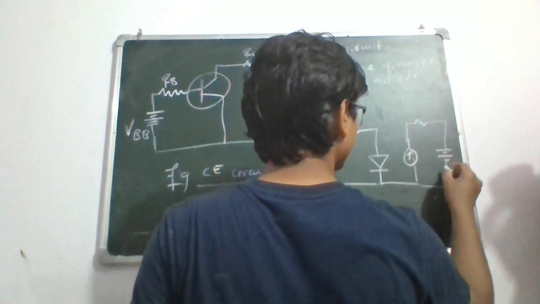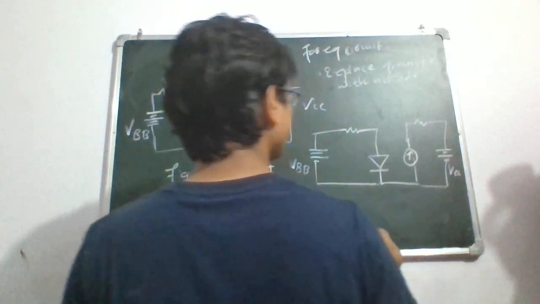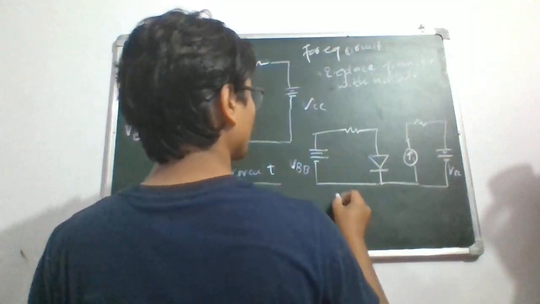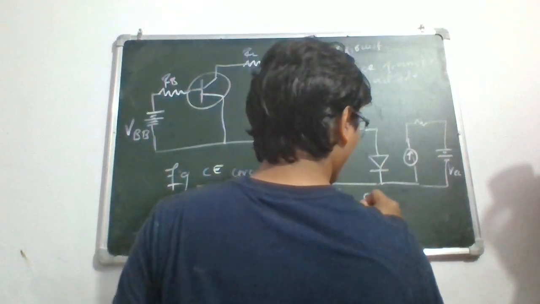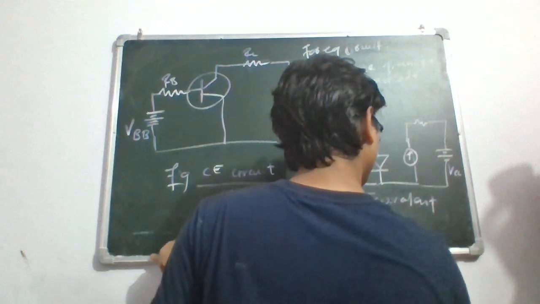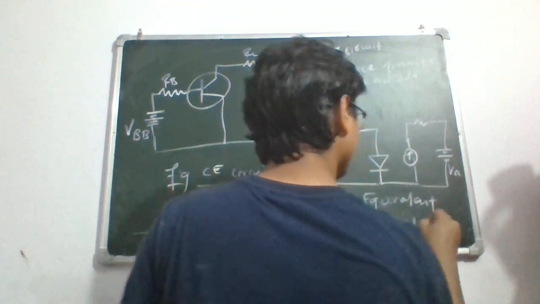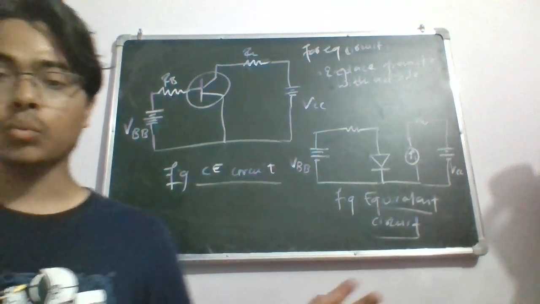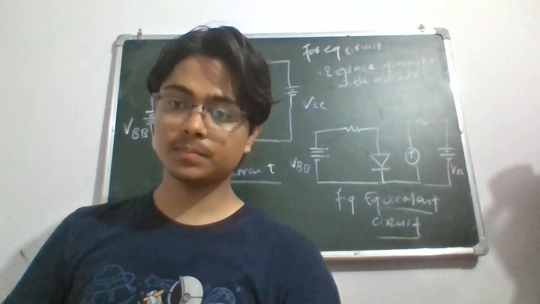Again another biasing voltage VCC, and this is what the equivalent circuit looks like.